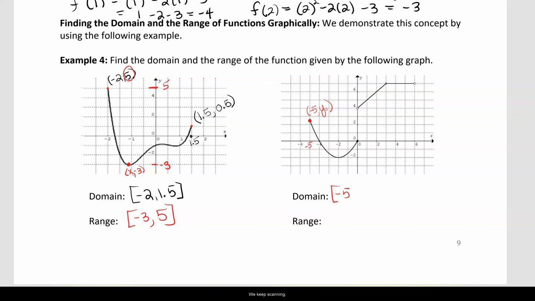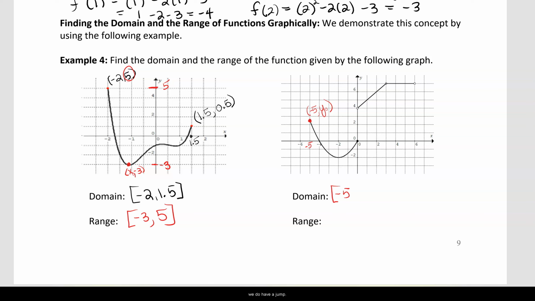We keep scanning left to right, tracing the function, glancing up and down, and we see that this parabola stops right here. It's got a filled in dot right here, so that means that x equals 0 is included in our domain.